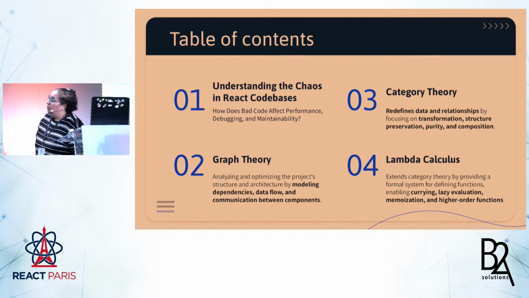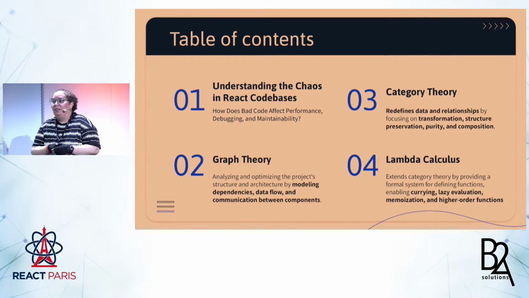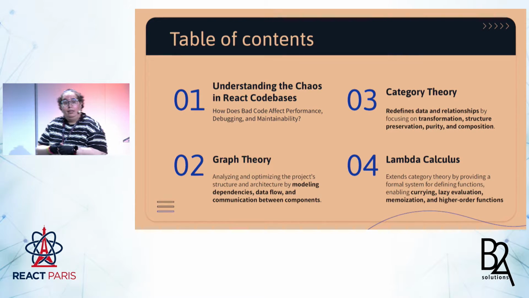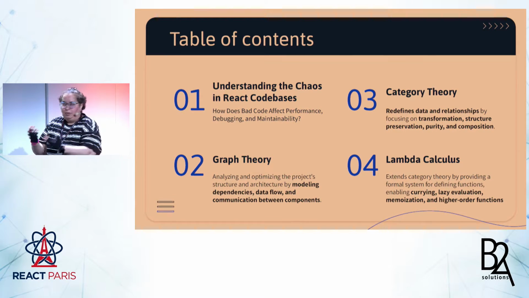For the content, we will start by understanding the KU in our application. Then we will use graph theory to model and enhance our architecture, with a deterministic approach to say whether our software is modular or not.